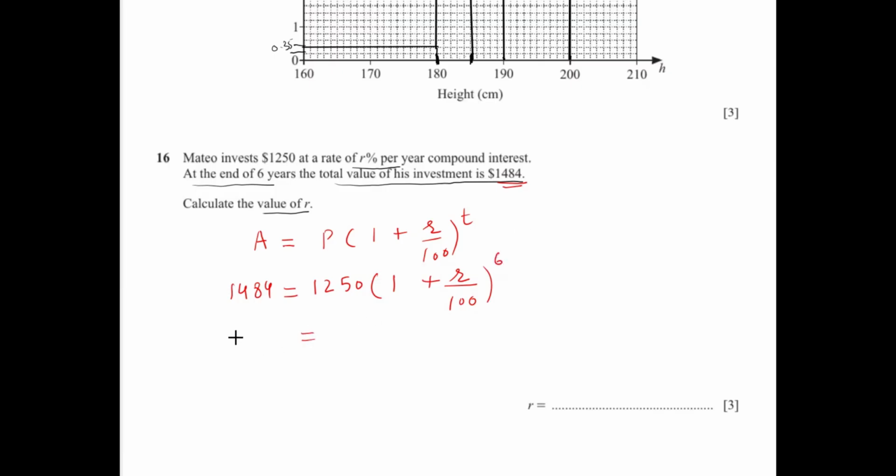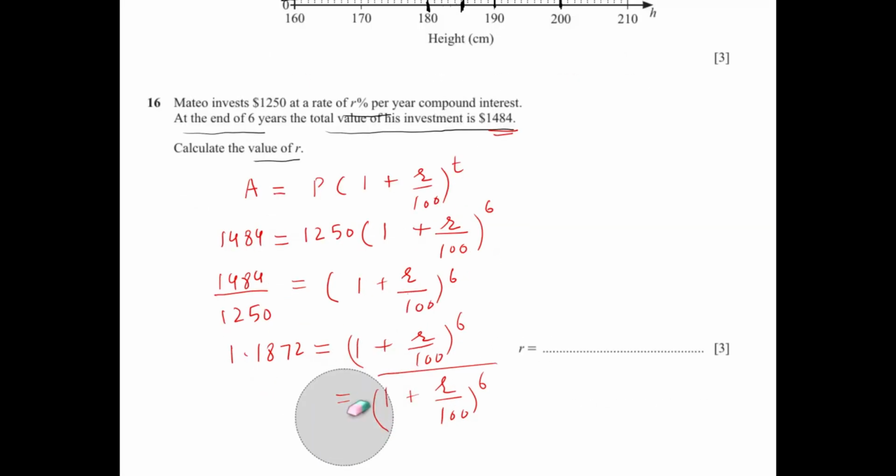And we can write 1484 divided by 1250 equal to 1 plus R over 100 whole power 6. And when we divide 1484 by 1250, we get 1.1872. That's equal to 1 plus R over 100 whole power 6.